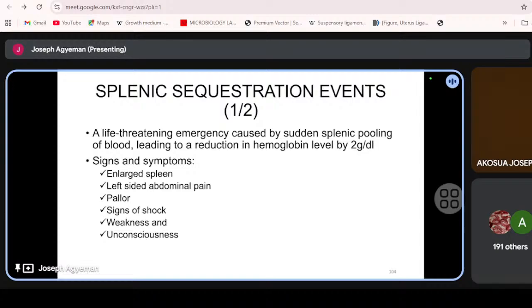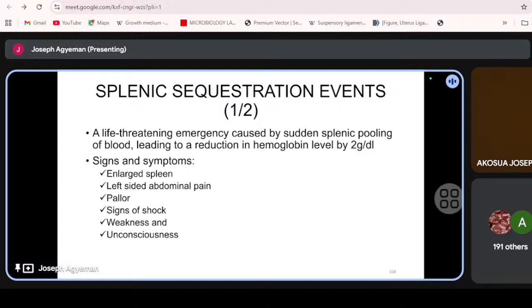Now, we all know that sickle cell crisis will cause hemolysis because of the abnormal nature of the red blood cells. Sickle cells will be hemolyzed by the spleen, at least we know.